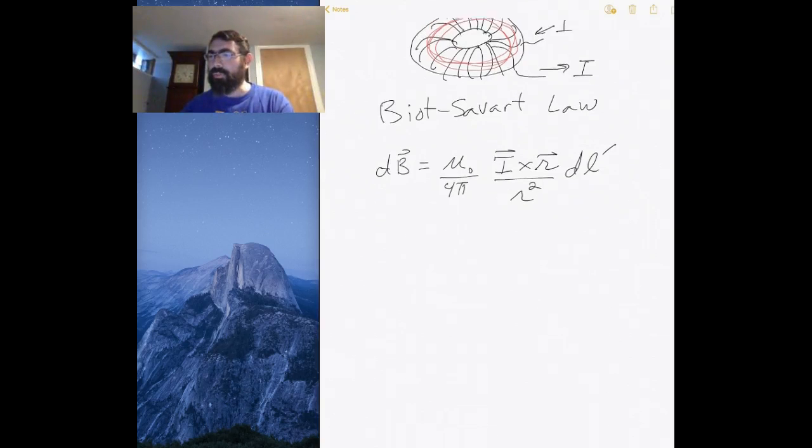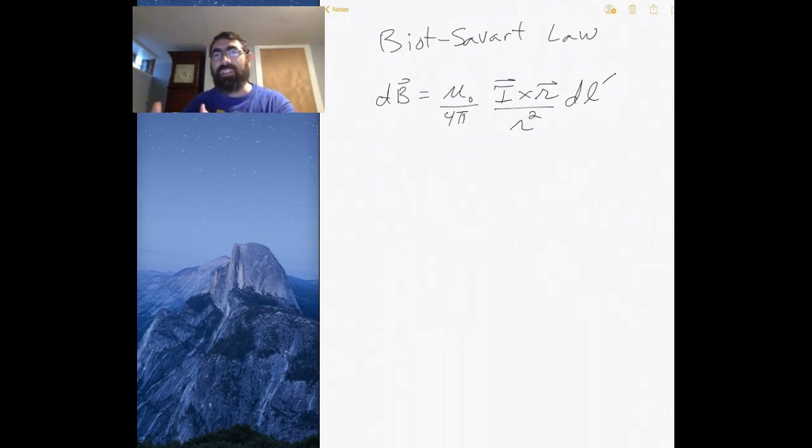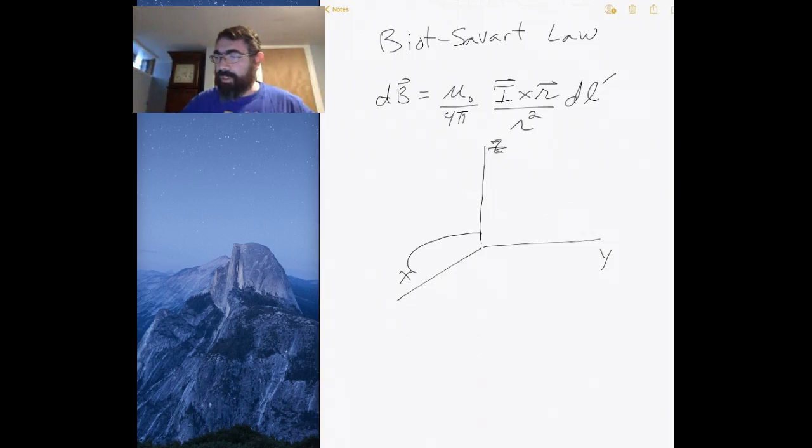Okay, so what do all those symbols mean? That's the equation. So how would we draw it? We have the choice of how we want to orient the torus. If I start with my Cartesian coordinate system, I'm going to draw the torus in the xy plane right here.